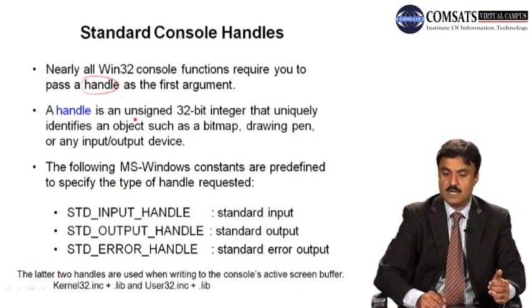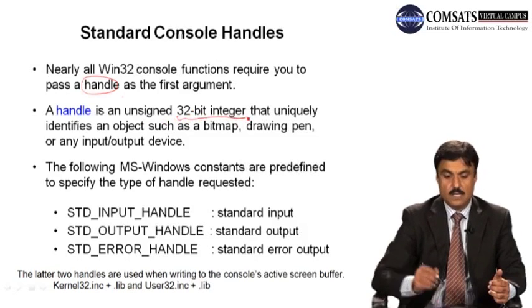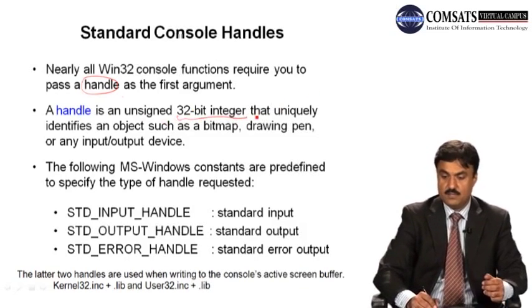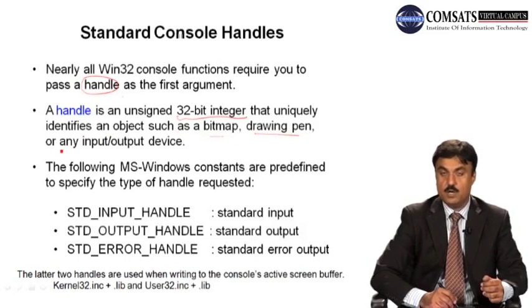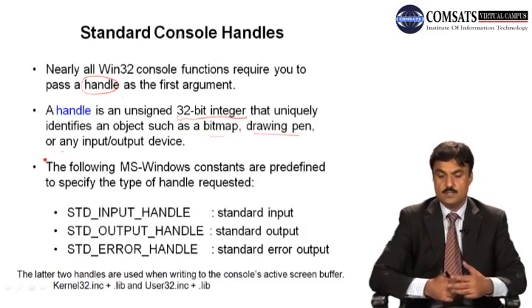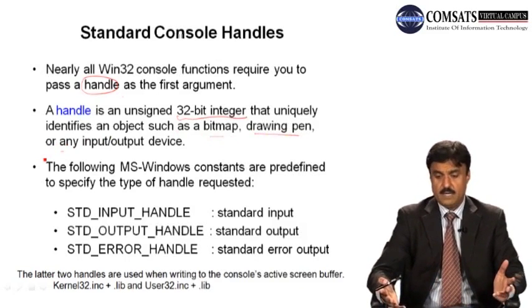A handle is an unsigned 32-bit integer. This handle is a 32-bit integer that uniquely identifies an object such as a bitmap, drawing pen, or any input or output device and so on. So it can be a hardware or a software object.